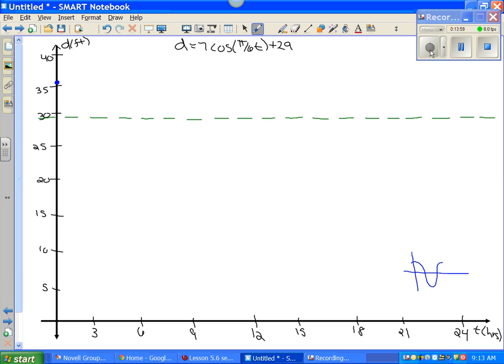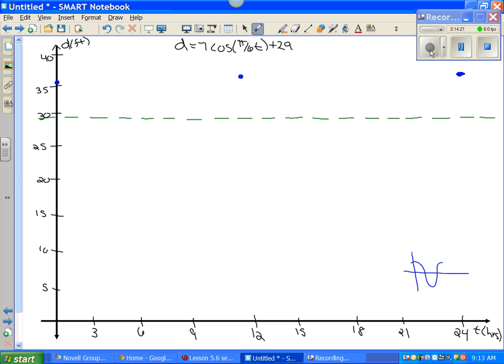So where am I going to find 36 again? At 12. So that's the end of the first curve. And then where again? 24. Good. Excellent. Looks like I'm going to be a little off.